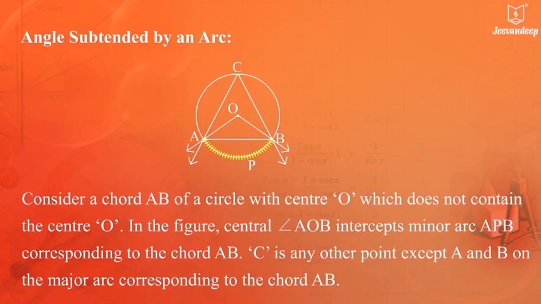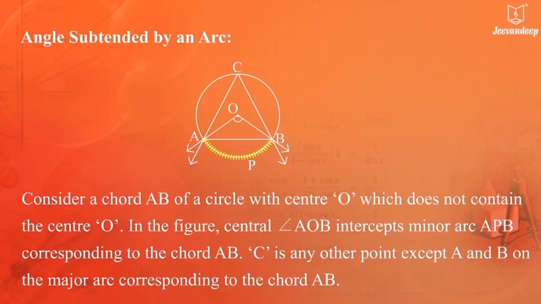Angle subtended by an arc. Consider a chord AB of a circle with center O which does not contain the center O. In the figure, central angle AOB intercepts minor arc APB corresponding to the chord AB.